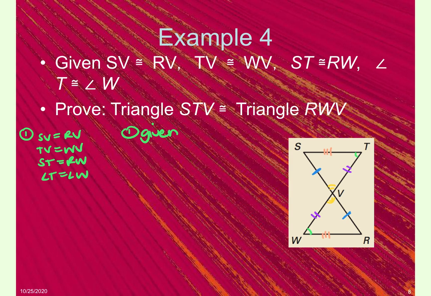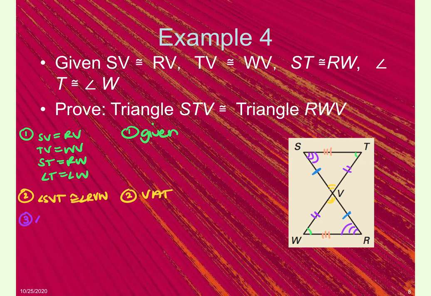So I have to use 3 letters, sorry, because they're shared. But SVT is congruent to angle RVW. Or WVR, it doesn't matter the order there. And that's your vertical angle theorem. Now, in this section, we talked about the third angles theorem, which said if 2 angles of a triangle are congruent to 2 angles of another triangle, the third angles are congruent as well.